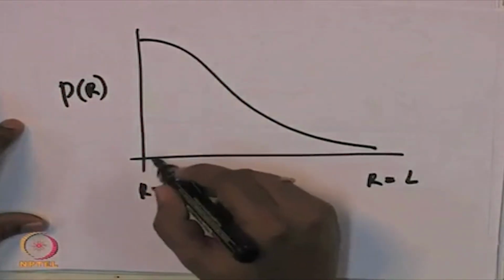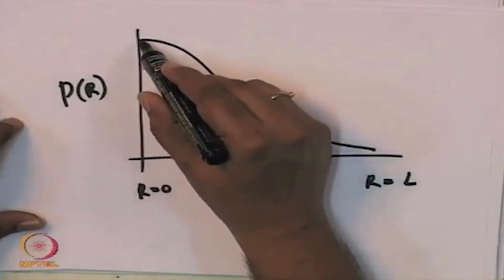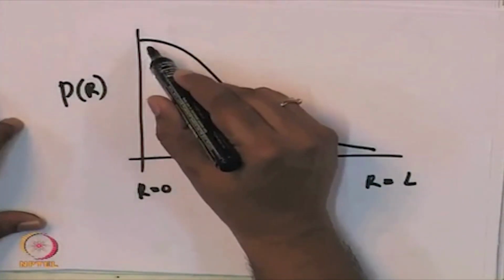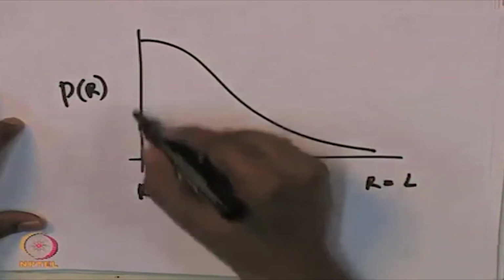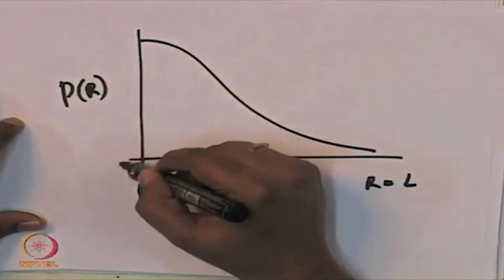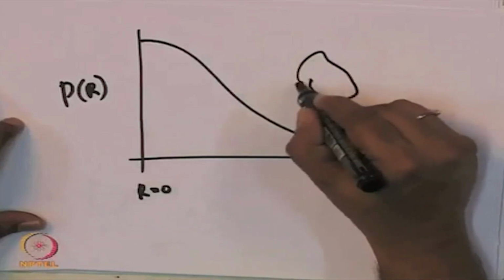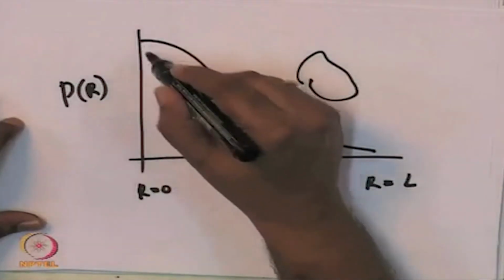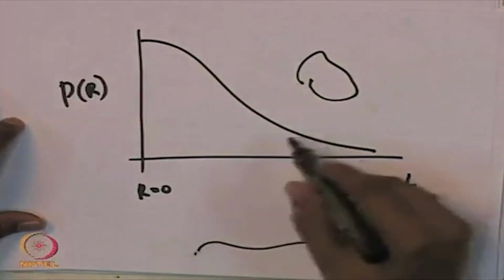Many of the DNA can have this height which is very large, and very small of them having the probability that you will find the DNA which has a very short end to end distance, that means their ends are very close to each other, could be large, and the probability that you will see their ends far apart could be small.